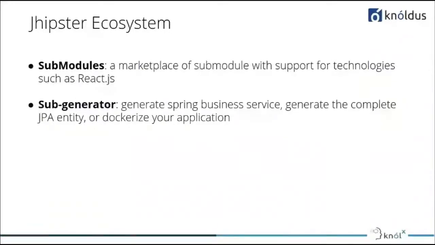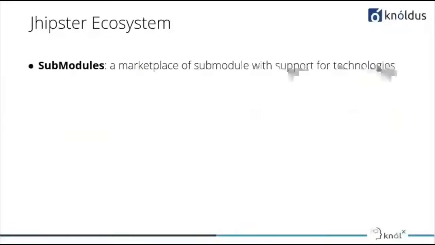A subgenerator is a generator which generates Spring business services. So we can write our business logic there, and we can also Dockerize our application there, so that everyone else can easily access and use it from Docker. It would be really fast for us to use.